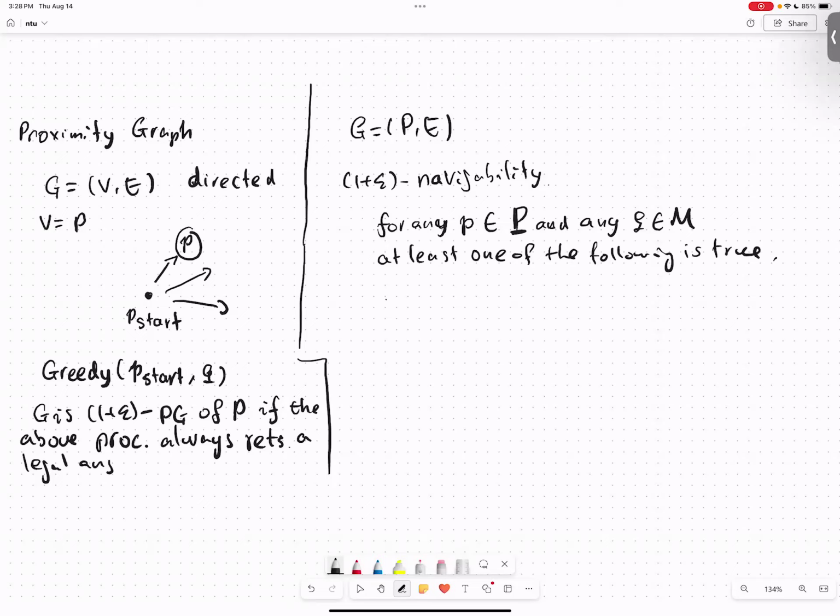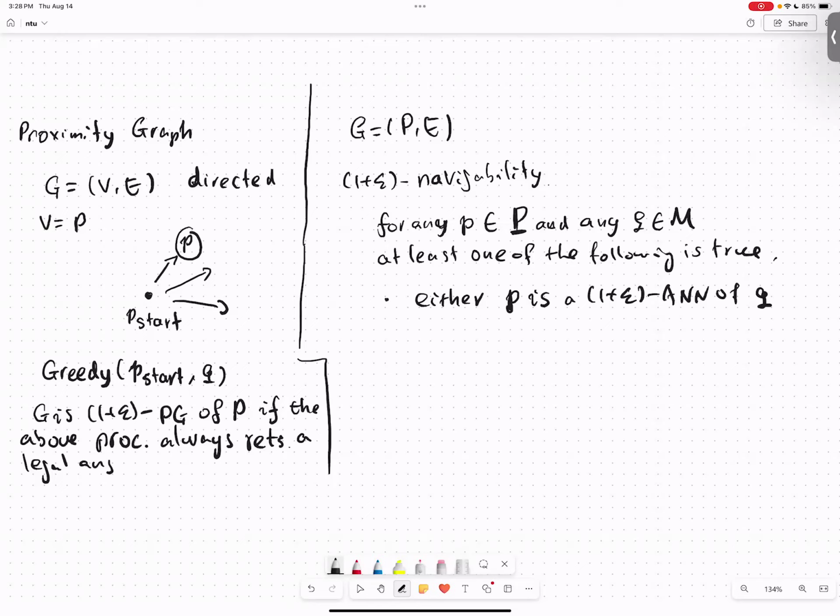So the first thing is either P is already a legal answer. This is the first possibility.